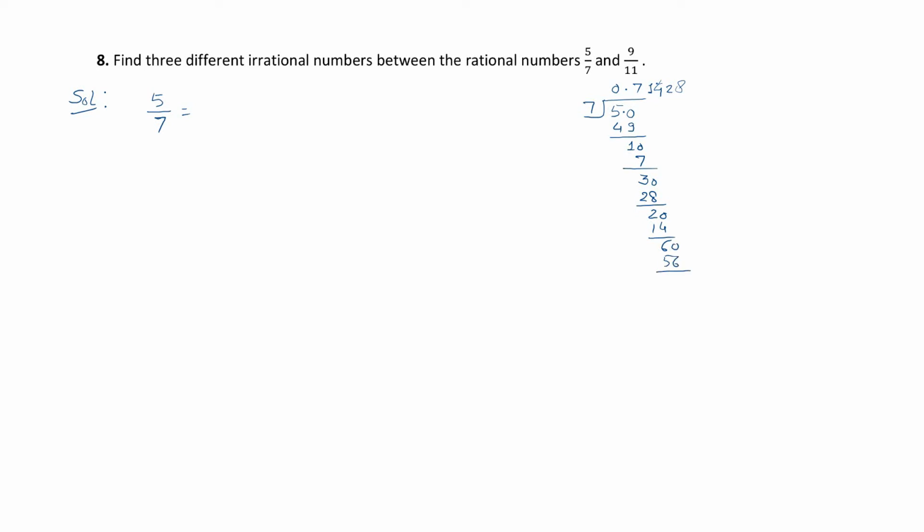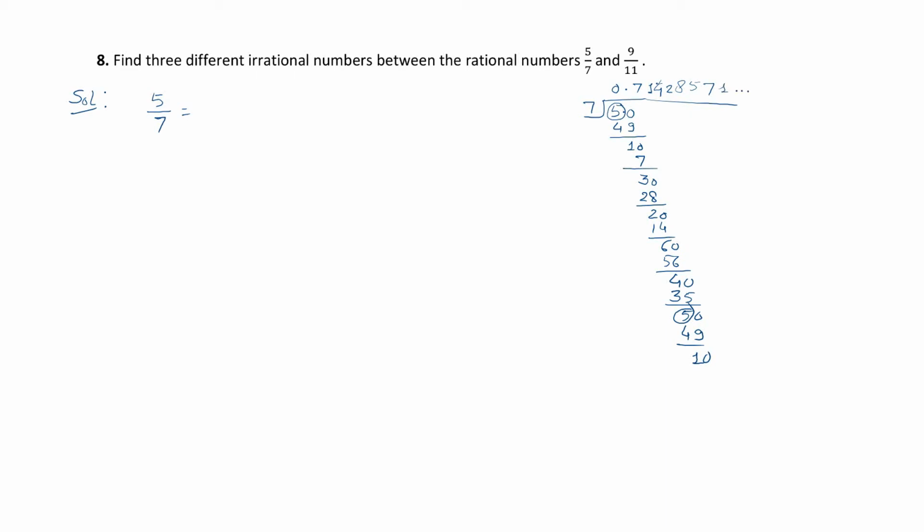So 4. So we will get 7 5s are 35. So we will get 5. So 7 7s are 49. So I see we have got this 5 again. The remainder starts to repeat from this stage. So again 10, 7 1s are 7, and so on.